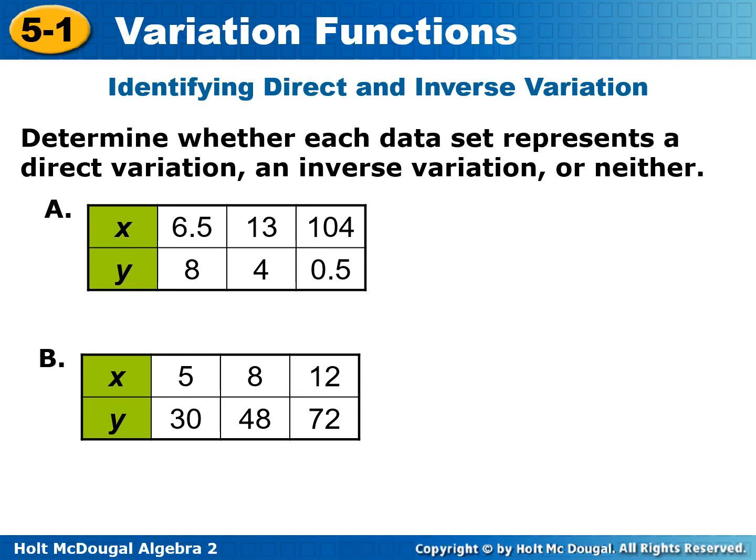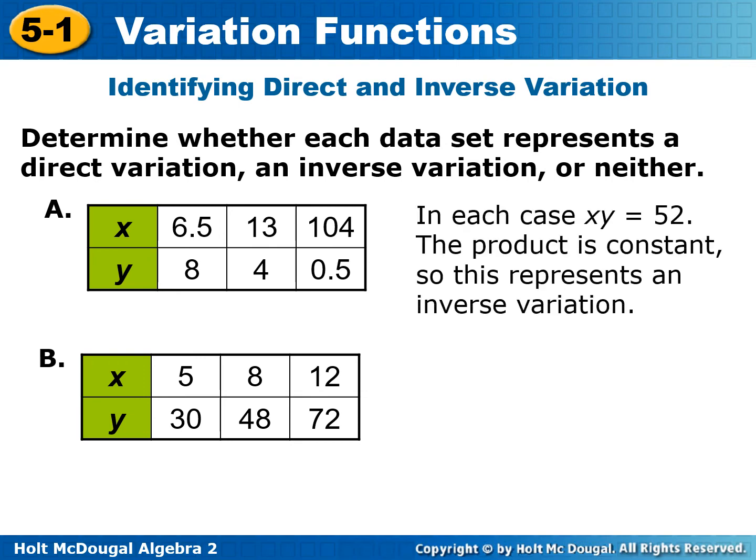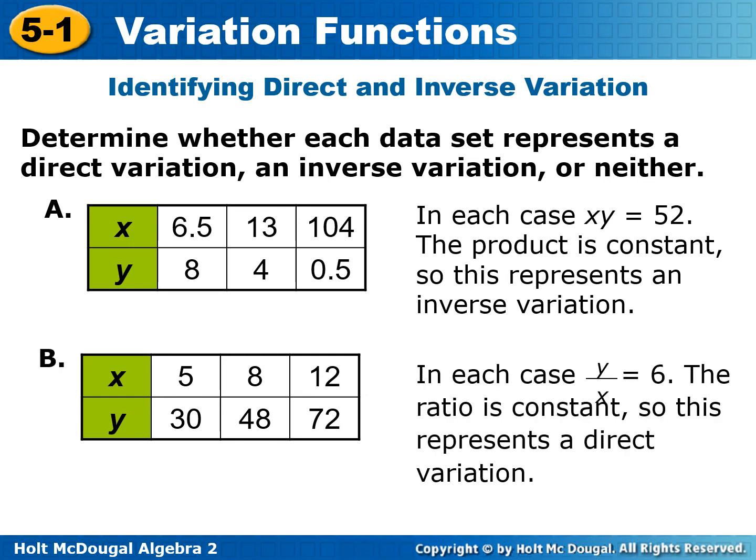So in table A, it is inverse variation because the product is constant. And then in table B, it is a direct variation because the ratio is constant and in each case y over x equals 6. So that is how we determine direct and inverse variation.